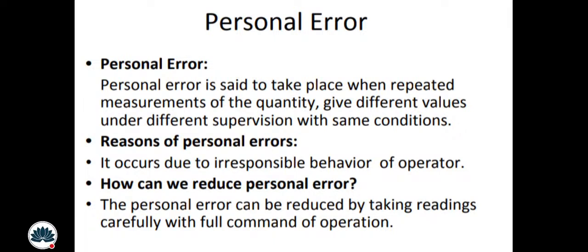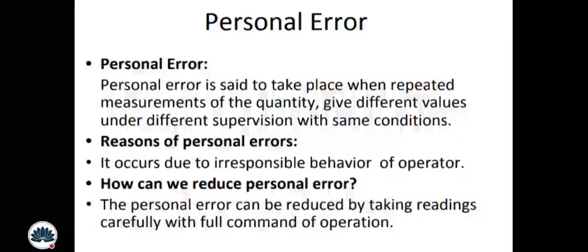This can cause a parallax error, a human error, because you are not taking the measurement perpendicular to the reading. It means that your eye must be perpendicular to the reading.